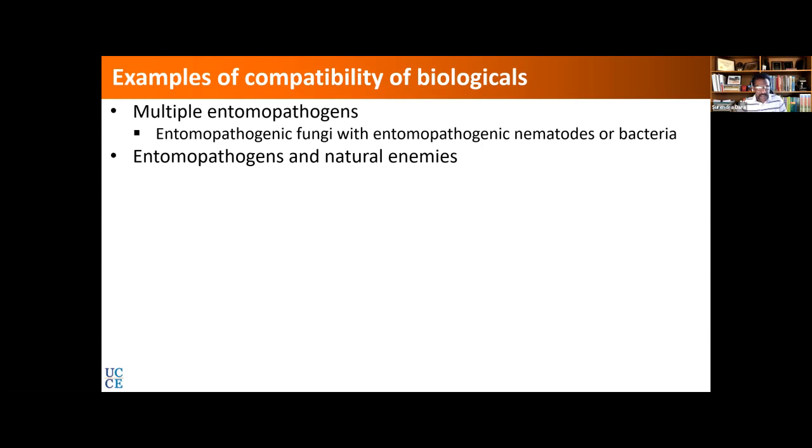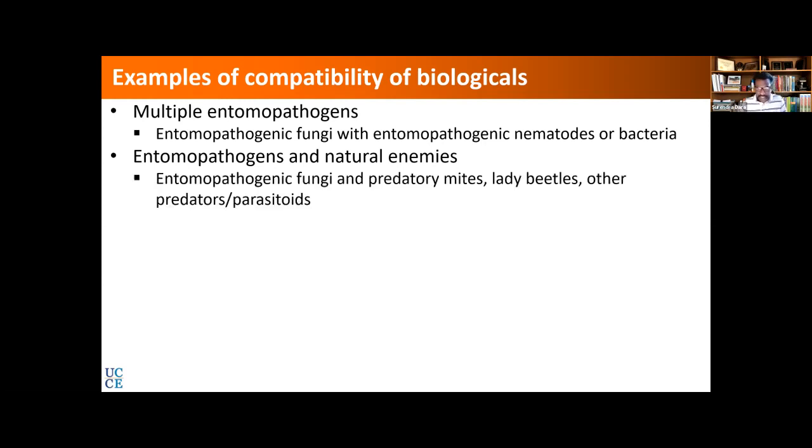And again, entomopathogens with natural enemies. You might think these would harm these natural enemies, but they have used these fungi with predatory mites and lady beetles and other natural enemies successfully. There will be interactions though. That is why it is important to understand.